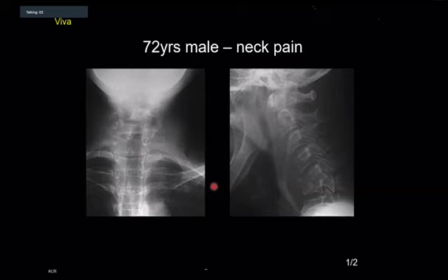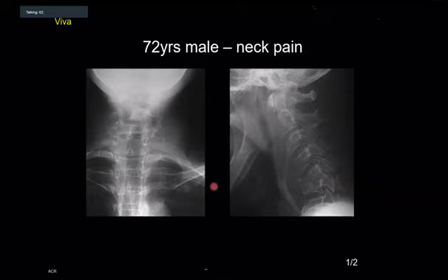So the facets are locked. Drawing my anterior spinal line, there's a disruption at the level of C4, C5, and some disruption of the vertebra, an avulsion fragment, and underlying mixed lucent and opacified lesions. I'm thinking there's a destructive process at that level causing significant subluxation.